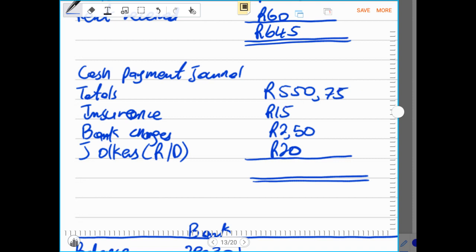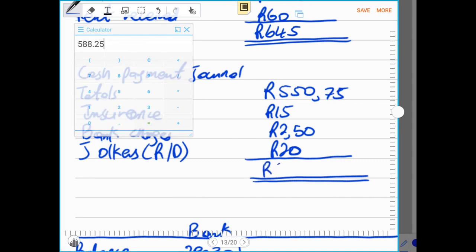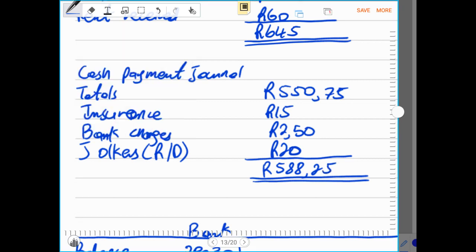Now, as I said to you, the debit side of the bank statement is the cash payment journal. So 550.75 plus 15 rand plus 2 rand 50 cents plus 20 rand will give us the total of the cash payment after the adjustment has been taken into account, 585.25 rands.